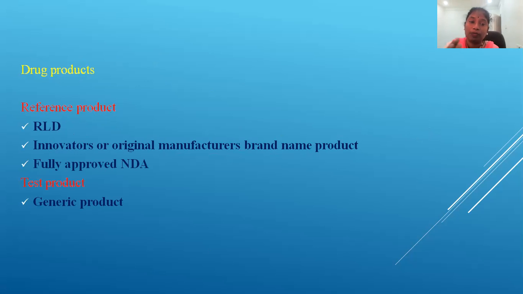Whatever drugs are published in the Orange Book, we call reference listed drugs. We take the reference listed drug as the reference product, otherwise the innovator or original manufacturer brand name product, fully approved under an NDA. And the test product is nothing but the generic product.